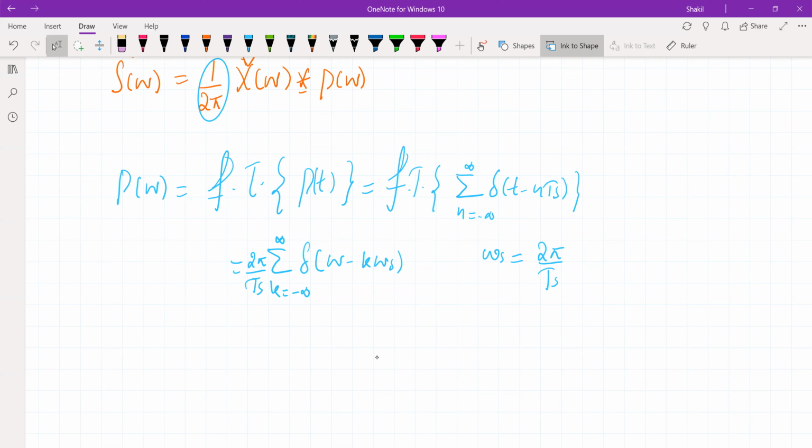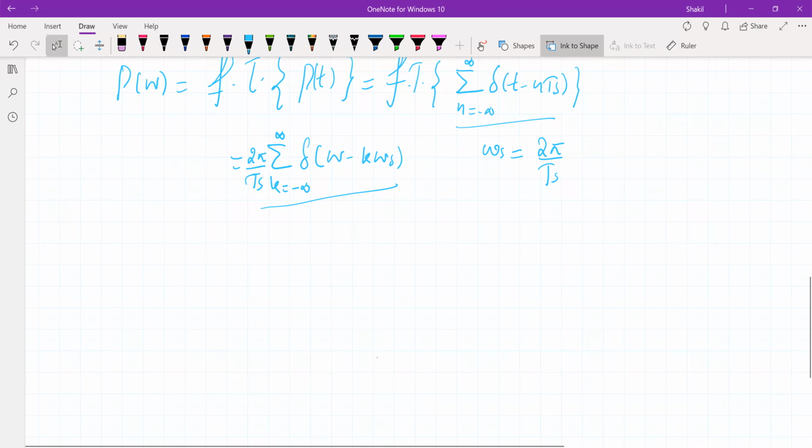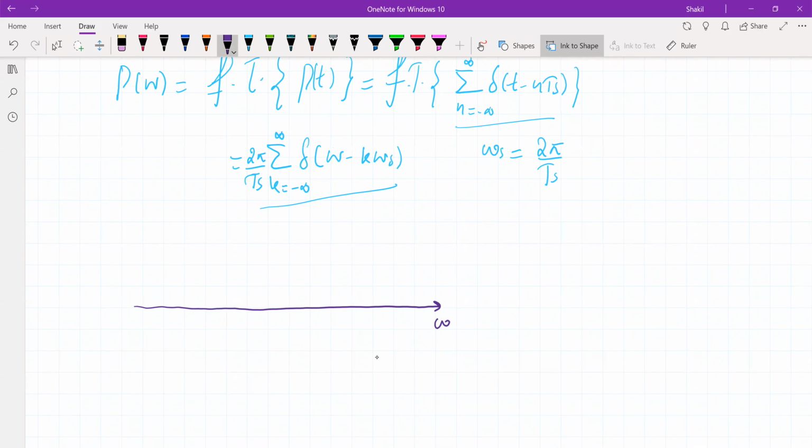So when you obtain the Fourier transform of this, the Fourier transform of this is this. So again, this is an impulse train in the frequency domain, and you can say this is P of omega.